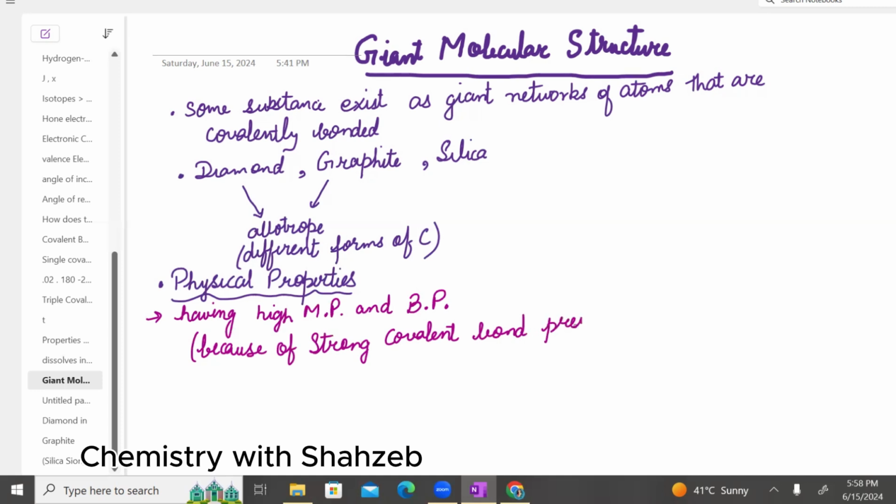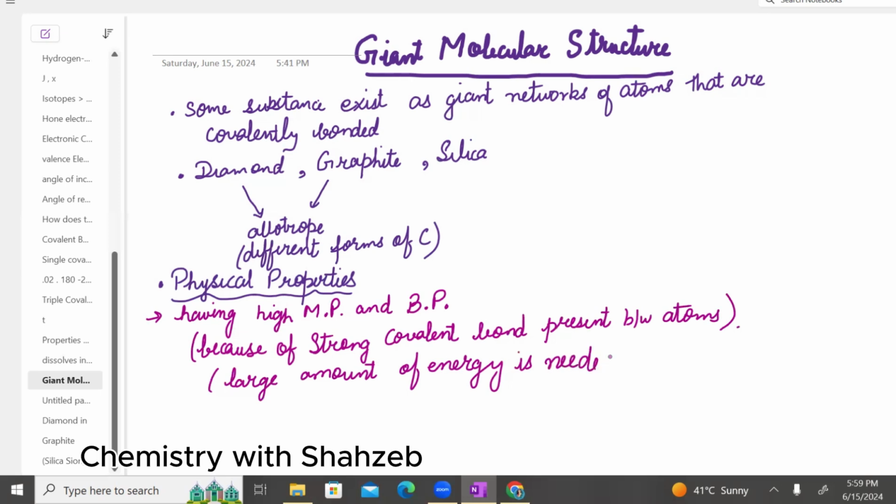Because of that, a large amount of energy is required to break these bonds. That is why giant molecular structures have a high melting point and boiling point.